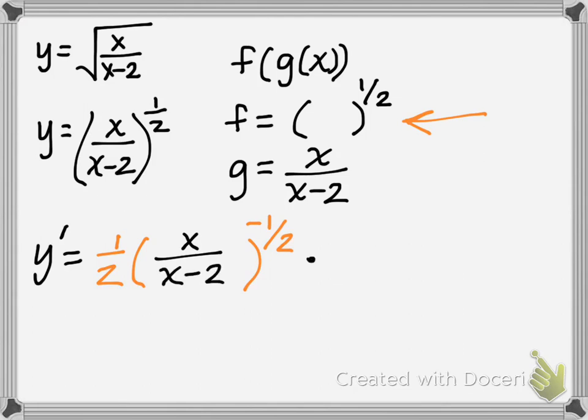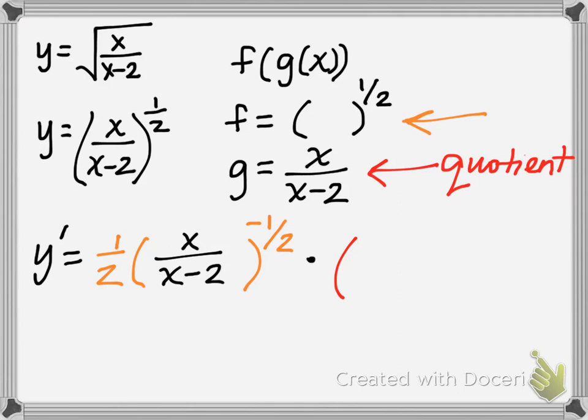Now the chaining comes with multiplication, and we need to chain on the derivative of the inner function. But you'll notice that this inner function is a quotient. So we're going to need to use the quotient rule to determine the derivative of this function, function g.